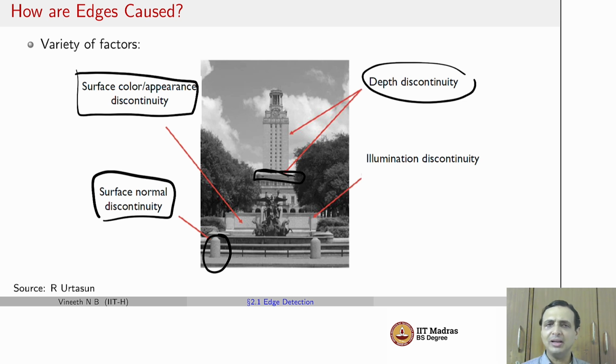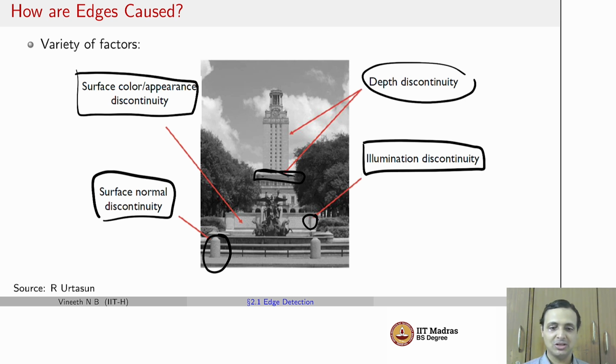And hence an edge. Finally, you could also have illumination discontinuities such as shadows. Here you see an example of an illumination discontinuity, caused by changes in light.